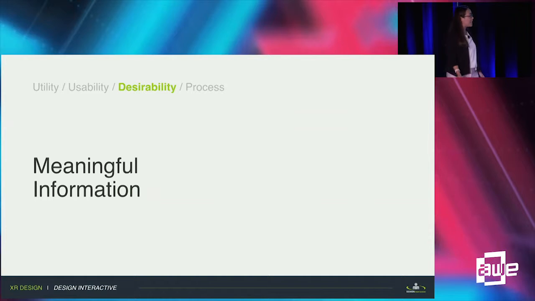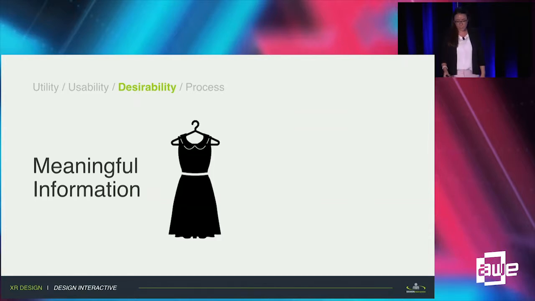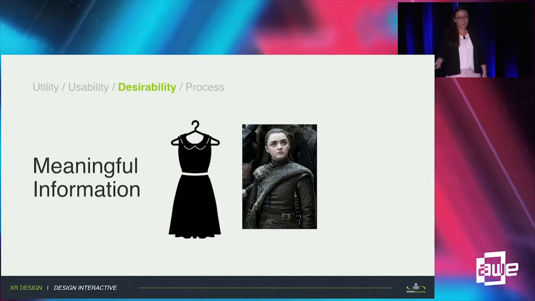So let's look at an example of meaningful information. Let's say that you create an AR app that allows users to pick up a dress or some piece of clothing and try it on, and they're able to see it in a virtual mirror. If your user was Arya Stark, for example, she thinks that this new system is pretty cool.